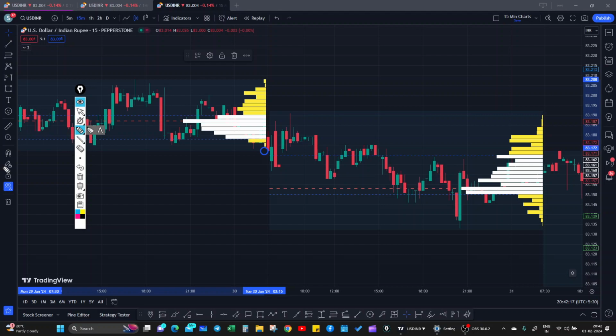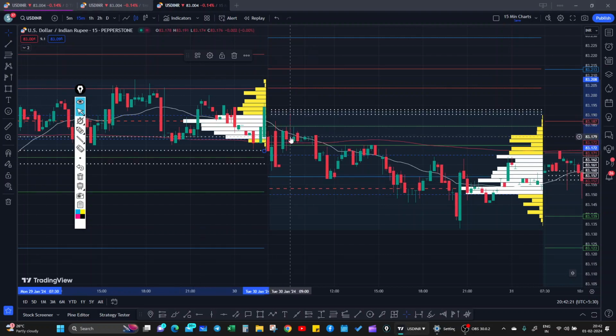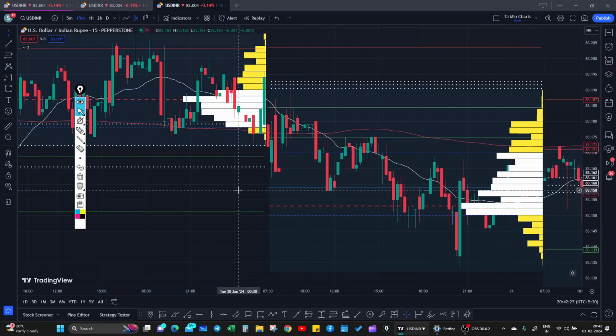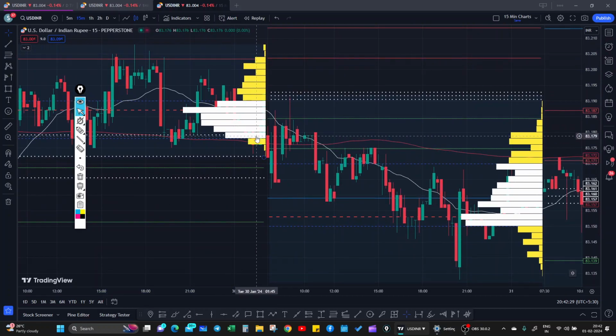Or else you would have put on another indicator, because I usually use the CPR and the moving averages to understand the confluences, because volume profile only gives you the previous day profile. So if you add some more indicators, you can understand whether there is any confluence.